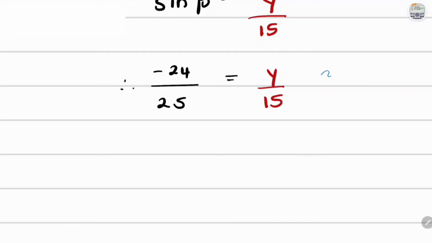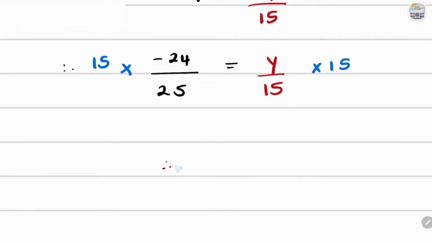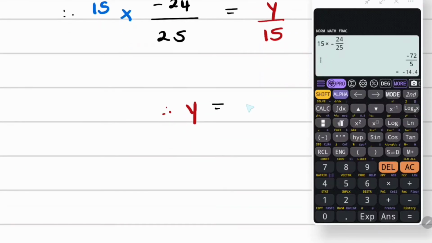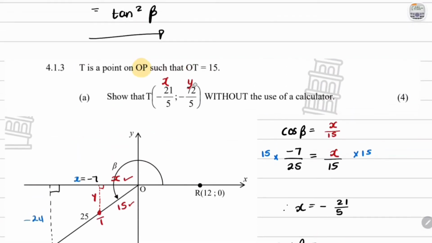It's dividing by 15, so you multiply by 15 on both sides because it is an equation. So y is equal to 15 times negative 24 over 25, and you see that y is equal to negative 72 over 5. That's our answer there, and that's what we have there as well for y.